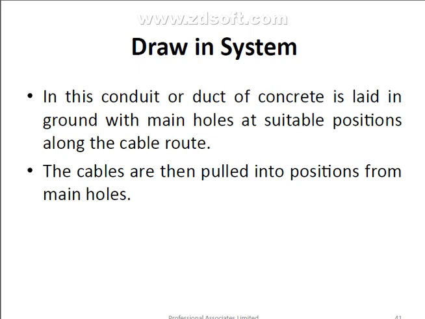The benefit of the drawn-in system is that in a fault condition, you can easily take the cable out without needing labor to dig again. A number of outlets are provided, from where you can see if any fault or breakage is happening, and you can easily rectify it. These cables are pulled into position from the manhole.